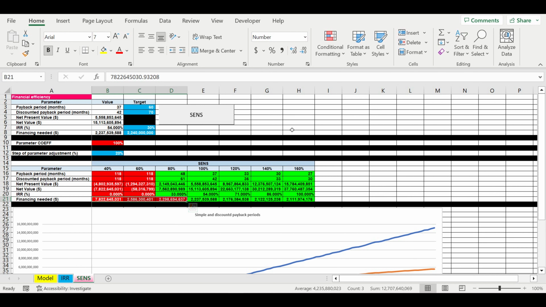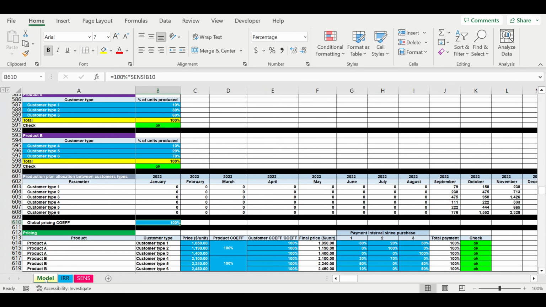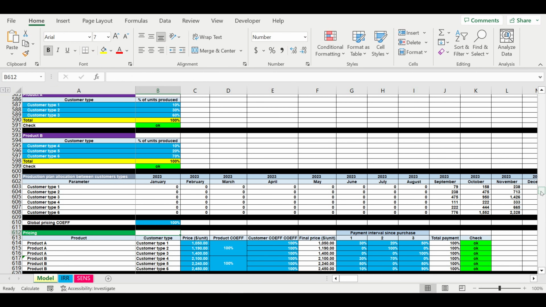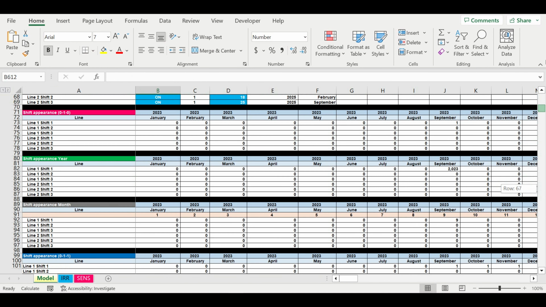And so what we can do next is, for example, detach this coefficient from pricing and add it to raw materials.